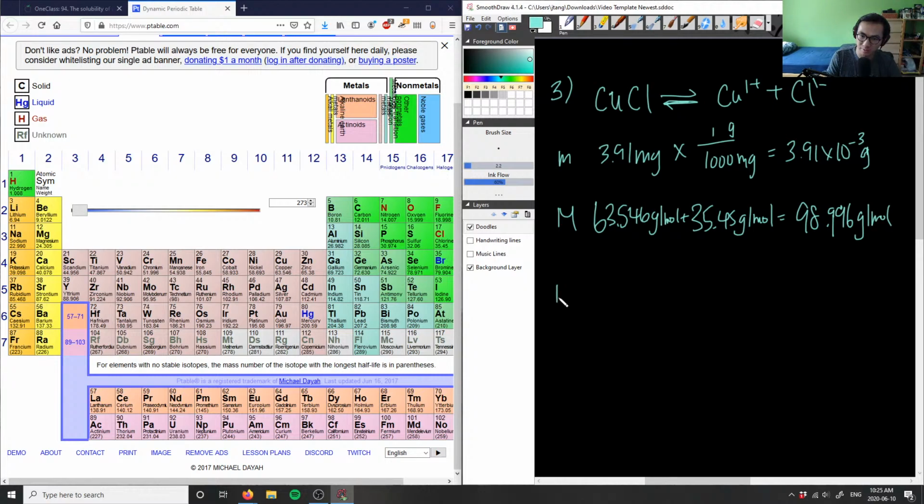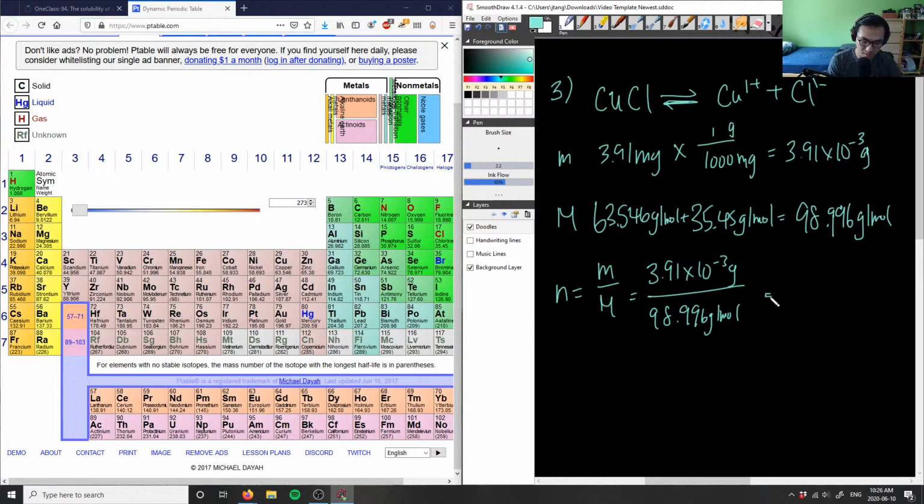Now we can solve for the moles, because we know that moles is simply mass over molar mass. We're given our mass, which is 3.91 times 10 to the negative 3 grams, divided by 98.996 grams per mole. This will give us our moles of copper chloride.